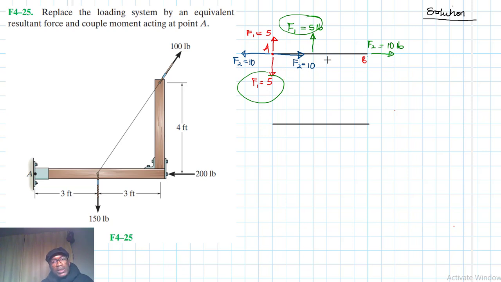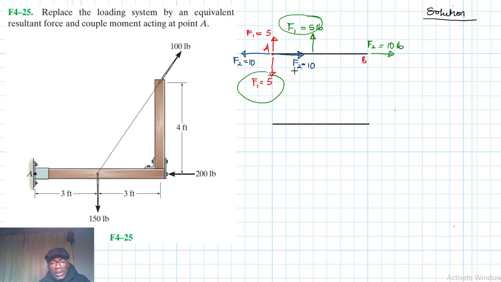A couple moment is a moment that is produced by two non-collinear parallel forces whose magnitudes are equal, right? And it is a free vector, and by this we mean the rotational effect on, in this case, this beam AB remains the same, regardless of the position of the couple moment.